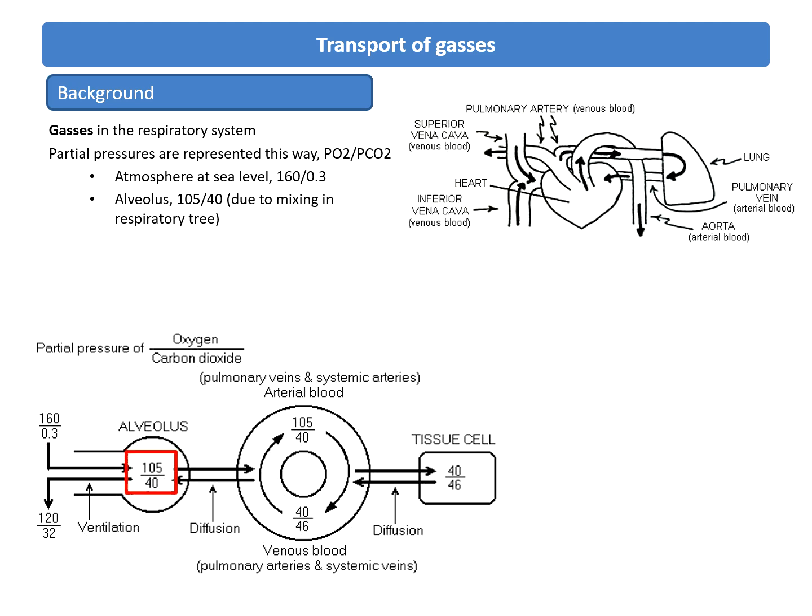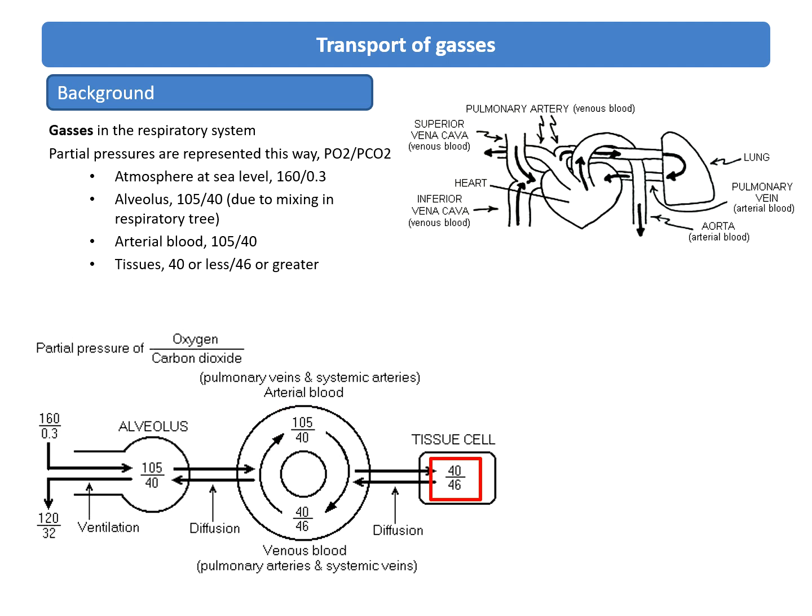In the alveolus, the concentration of oxygen has decreased to 105, and the concentration of CO2 has increased to 40. That's because the inhaled air is mixing with air already in the respiratory tree. Arterial blood has a concentration of 105 for oxygen and 40 for carbon dioxide. Again, these are the partial pressures.